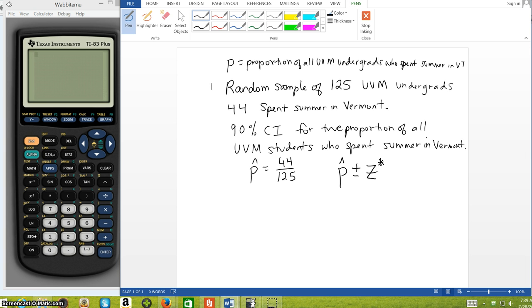We're going to get that from StatKey, times the standard error, which we are going to estimate with the square root of p hat times 1 minus p hat divided by n.